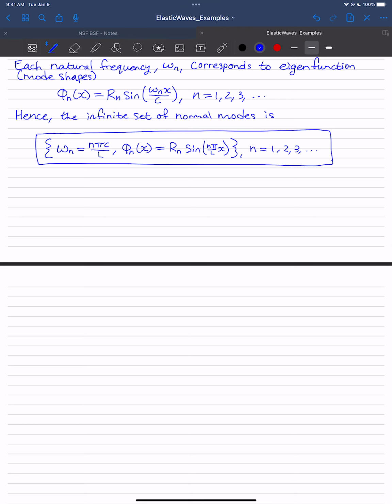At this point, we could then go ahead and plot the mode shapes. Let's go ahead and do that, although we weren't asked to. Let's do it for at least the first two modes. So in black here, let's draw the two ends of the string, and that is the undeformed configuration.